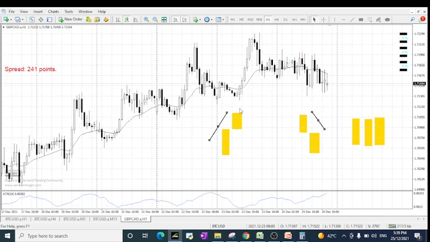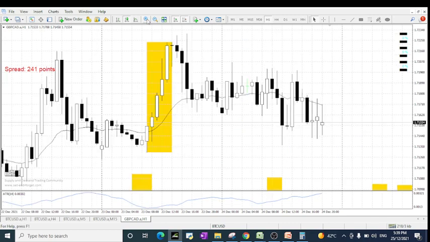So delete this. Let's take an example. Look at this area in the chart. This is the 1 hour chart, this area that I highlighted. If you look closer at the candles, you see this candle came down here, pushed up.